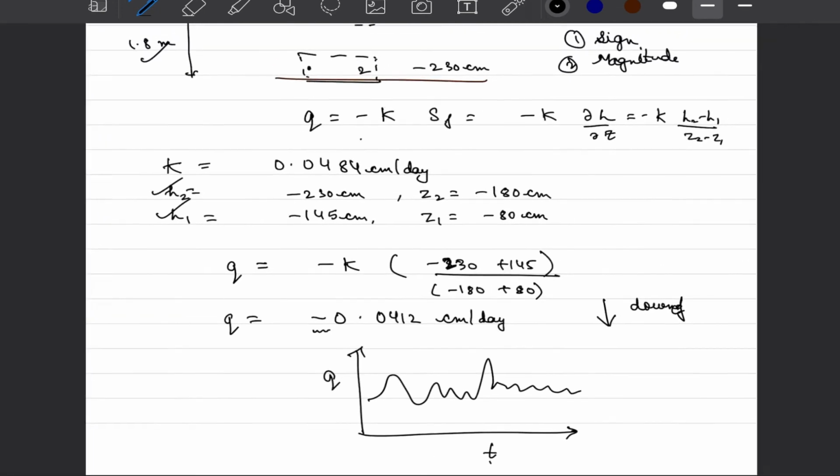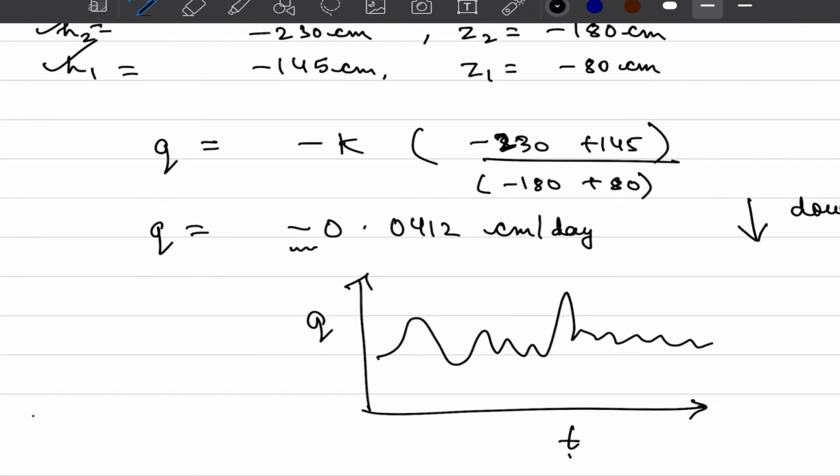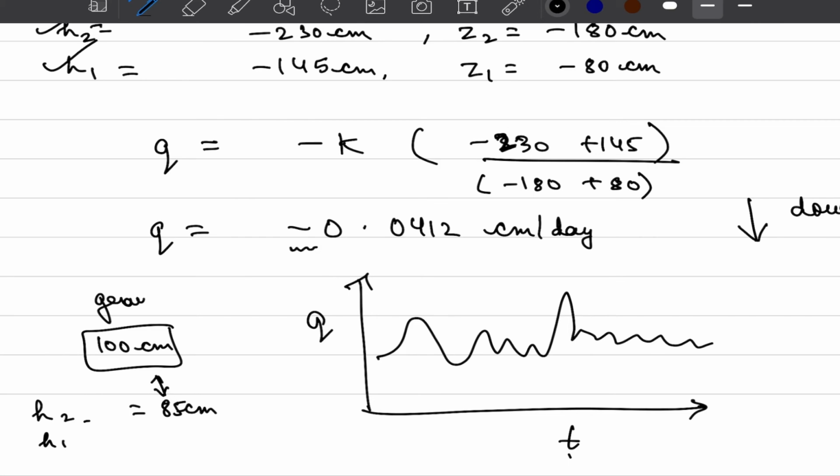Another important thing here is that you should notice that we are given total heads. So if we just take a difference of H2 and H1, it comes out to be 85 centimeter, whereas the difference of elevation between them is 100 centimeter. That would mean that the suction pressure, or the pore water pressure, which is acting with negative sign, is reducing the effective head that is available purely because of gravity.